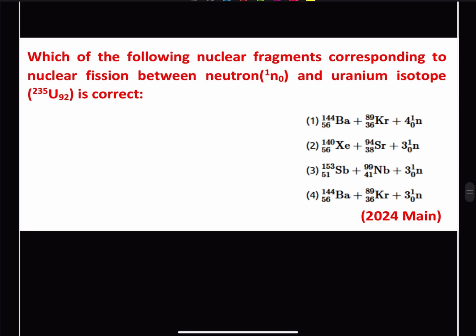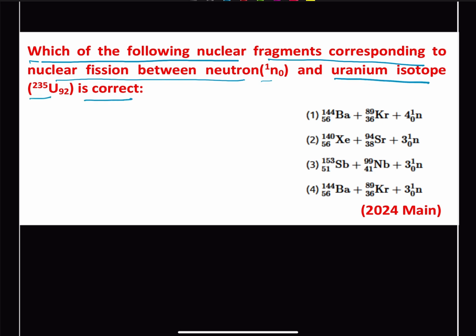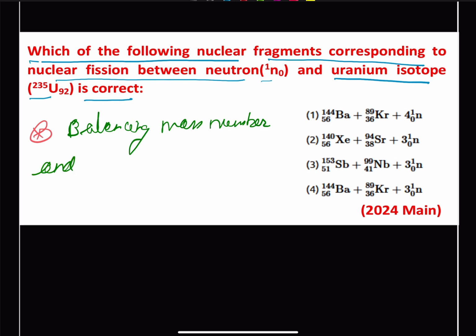It states that which of the following nuclear fragments corresponding to a fission between a neutron and a uranium isotope 235 is correct. Okay, so this is directly based on balancing our mass number and atomic number, and we can just do that directly also. So you can say balancing mass number and atomic number.